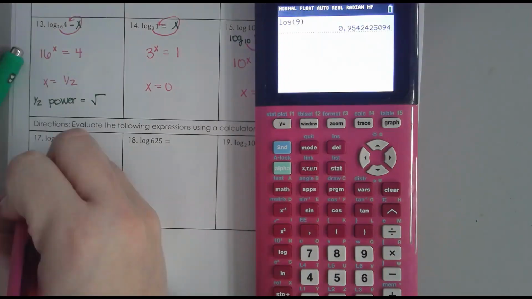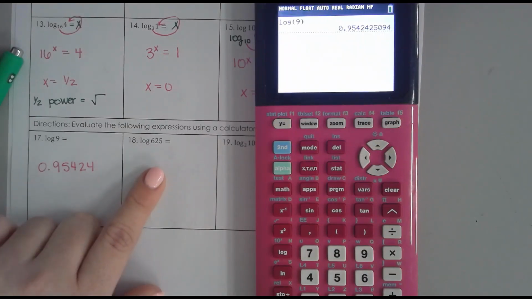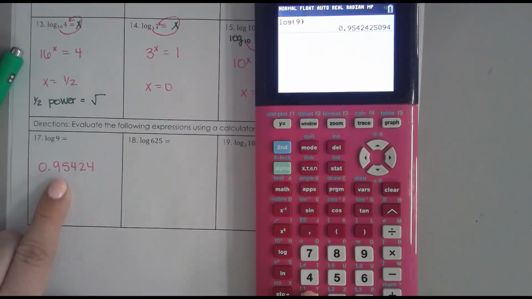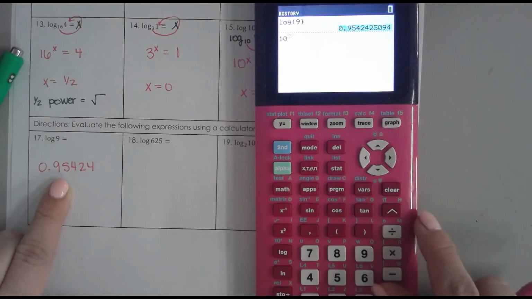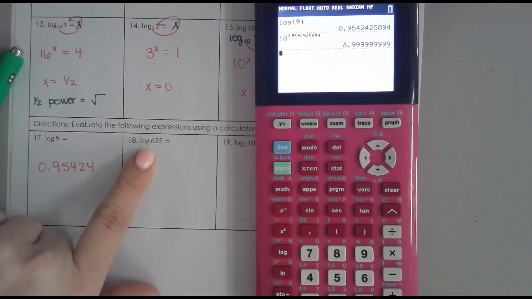And I can do log of 9. .954. So that's saying that 10 to that power is 9, basically. 8.9999.